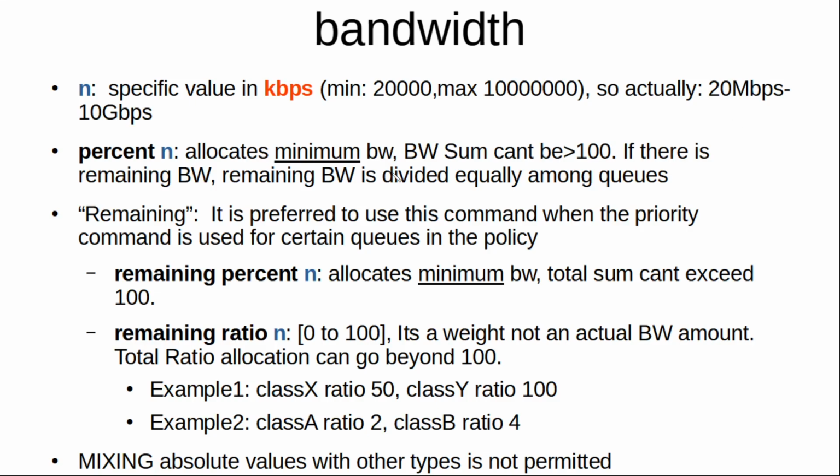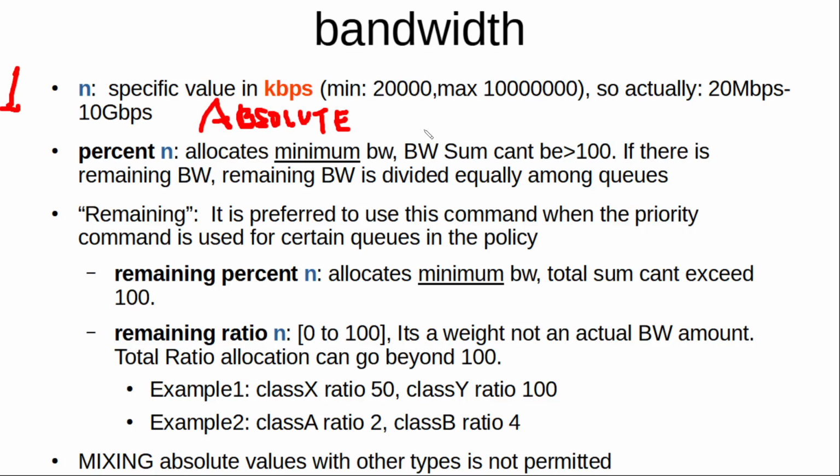We have several ways to do so. The first way could be using absolute values. So in this case, you are going to actually write down in your configuration the amount of bandwidth that you want to guarantee for your class map.